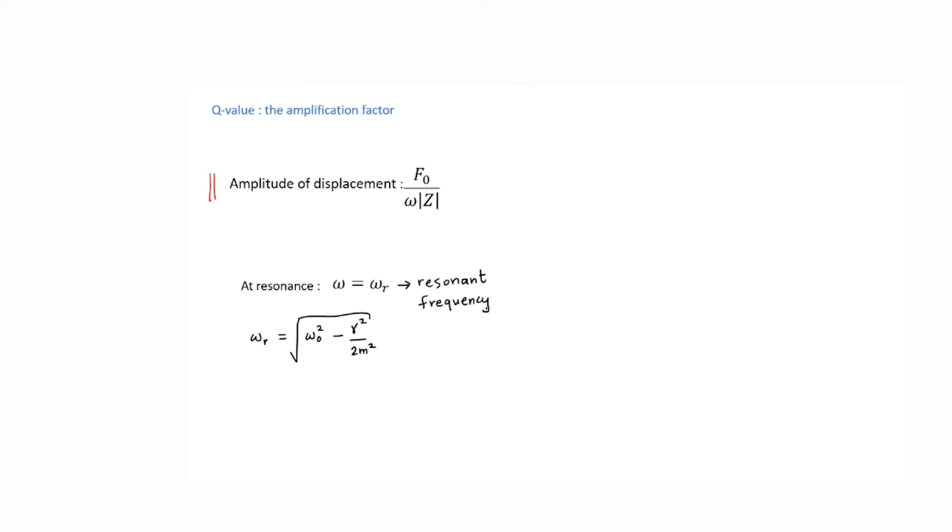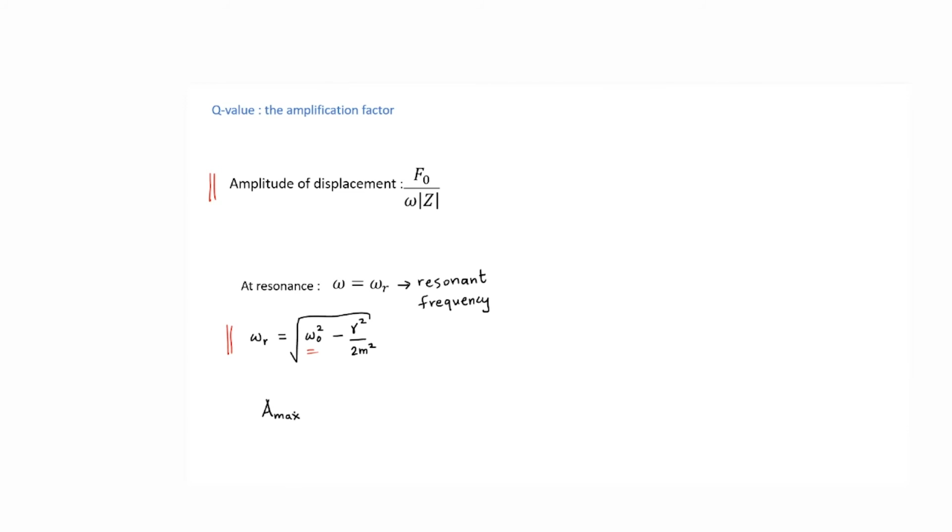We also saw that the resonant frequency, omega r, is simply equal to this expression, and we repeated that it is slightly lower than the natural frequency, which is given by omega 0 or omega naught here.